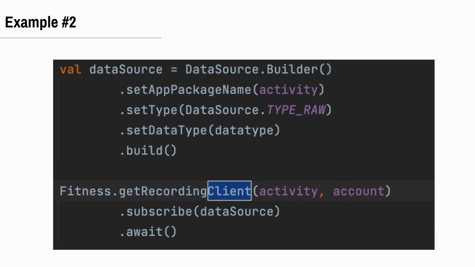And so this is a second example of a data source. This time we're going to be doing a record of recording client. So we're going to be subscribing to that data source up here. I also want to note that with data source here, there's really only raw data, and that kind of corresponds generally to blood pressure.